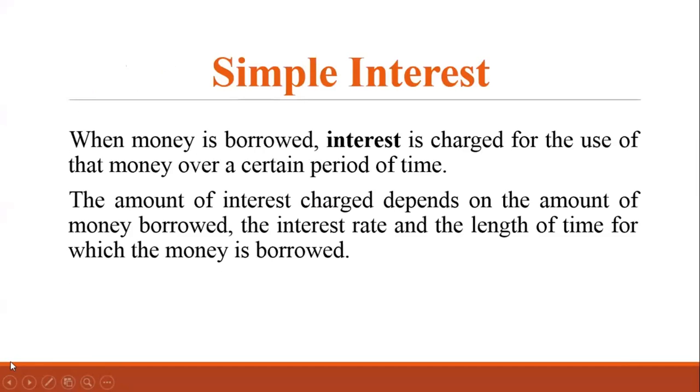So, it depends if it is per day, per month, per week, or per year. The amount of interest charged depends on the amount of money borrowed, the interest rate, and the length of time for which the money is borrowed. For example, 10,000, which you will pay within 6 months at 5%.